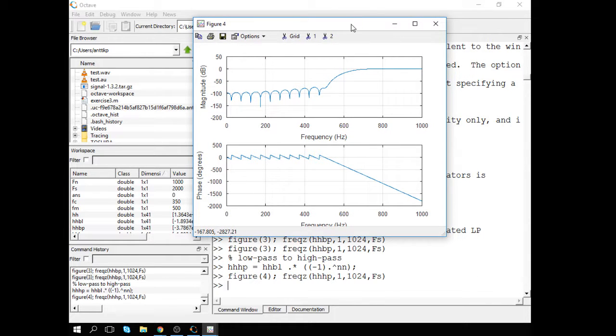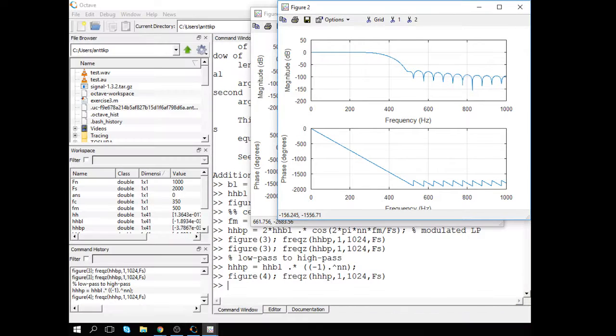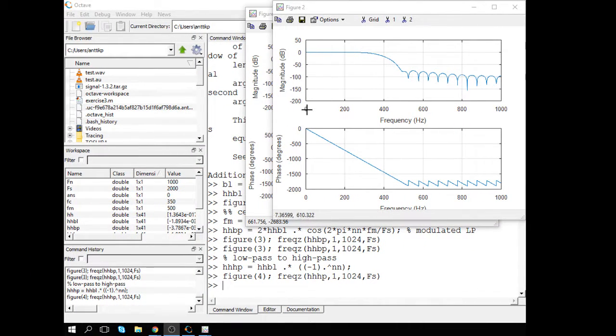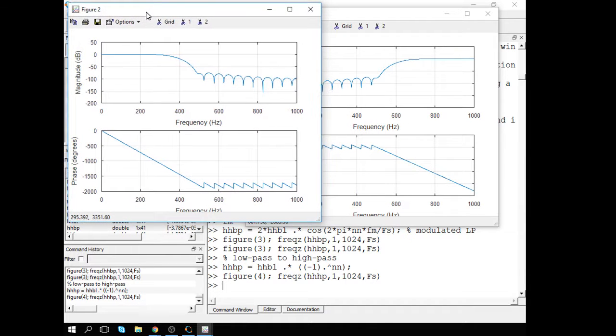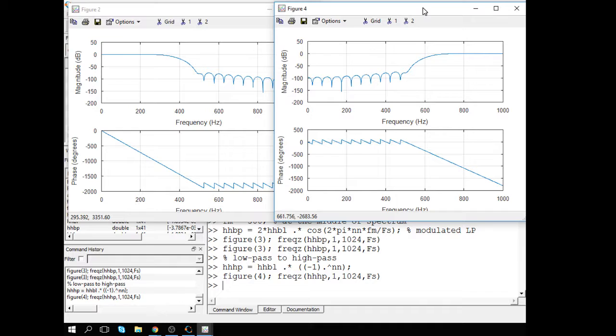So let's take a quick look at what the low pass filter looks like. There you have the low pass filter. Not there. The low pass filter was here, and then we have the... so what it does actually.